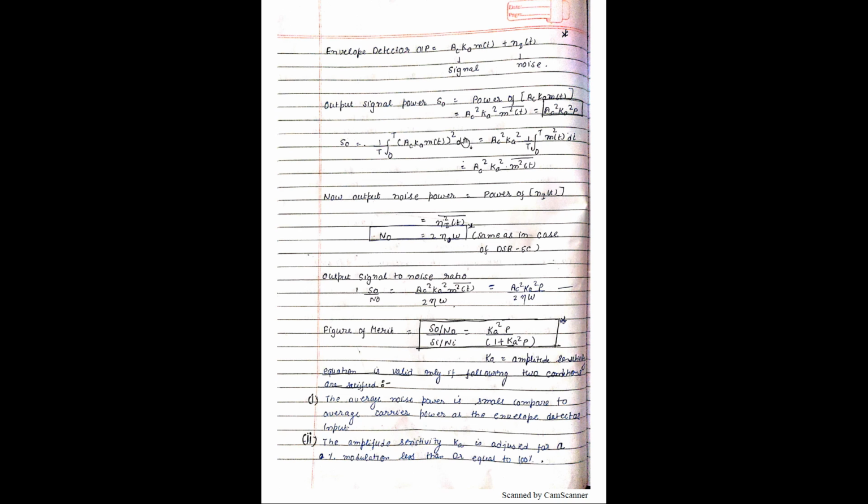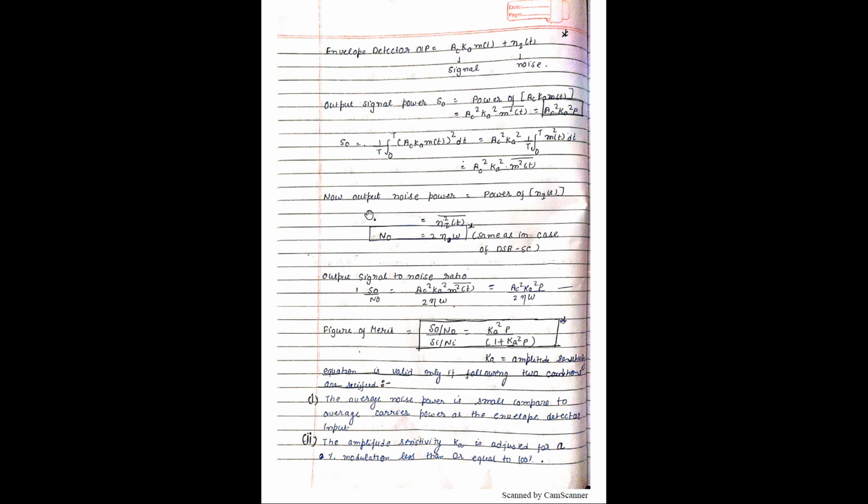Now this is a constant, we will take it out, and after that 1 upon T, 0 to T, m square(t) dt. We do not know what m(t) is, so we are not able to find this power. This is simply the mean square value of m(t). So the expression will come as A_c square into k square into m square(t) bar. By using this method, we can find the power of any signal.